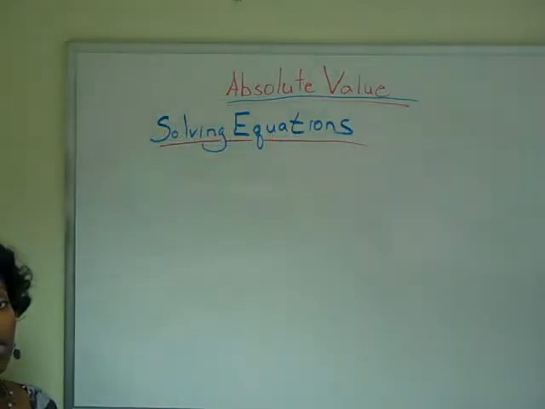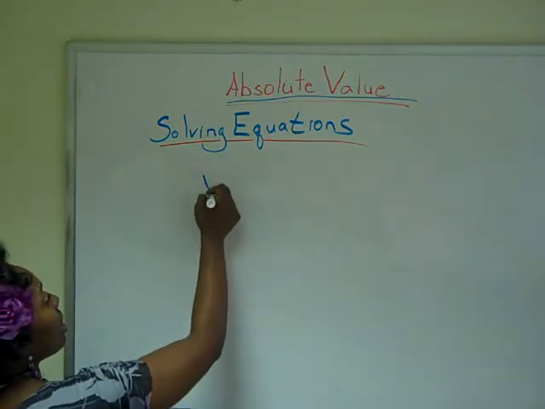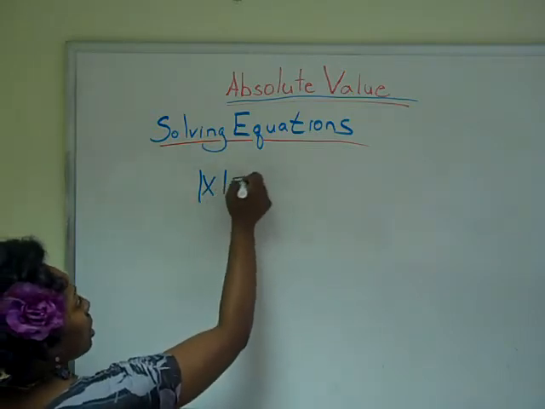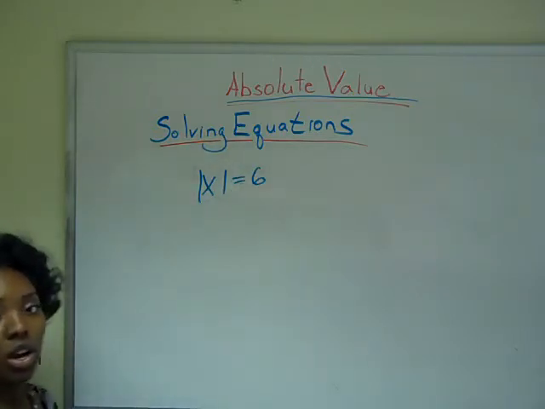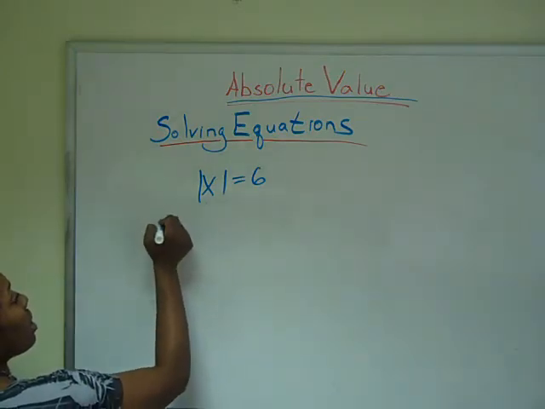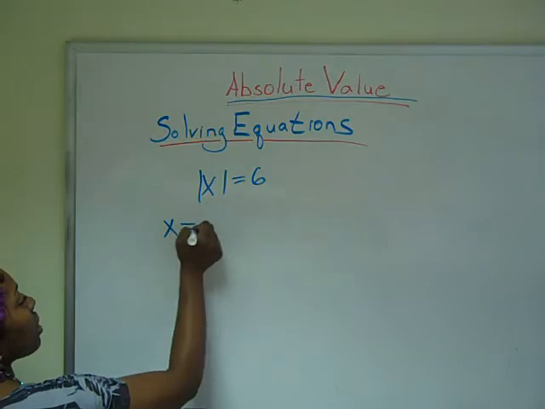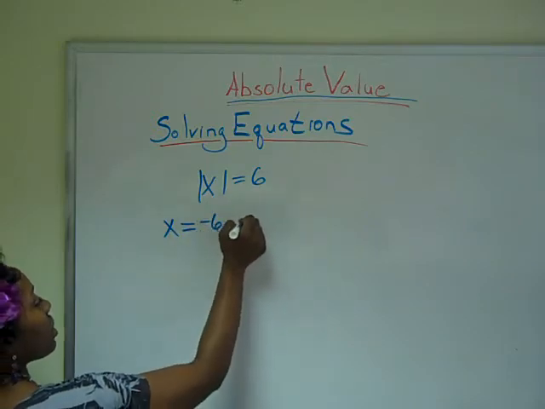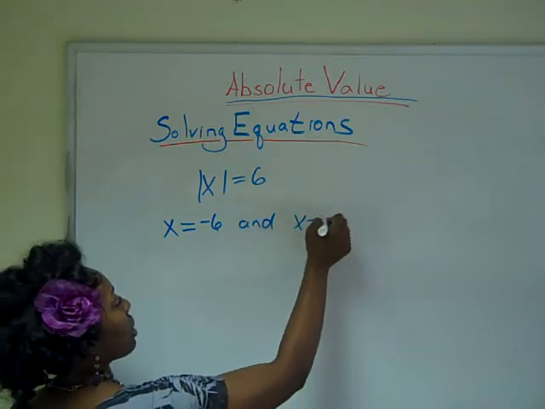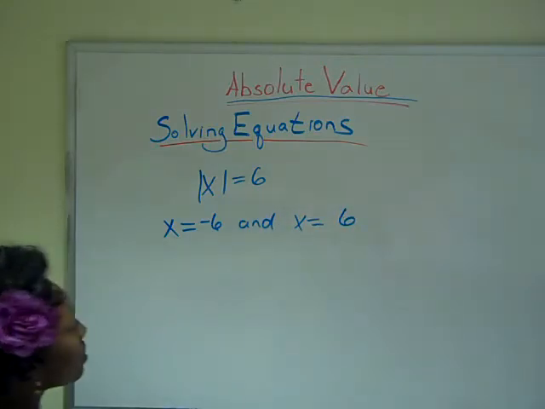What if we have to solve an equation with an absolute value in it? How do we go about solving something like that? Say we had the absolute value of x equals 6. Well, we know from our definition that x can be negative 6 and x can be positive 6.